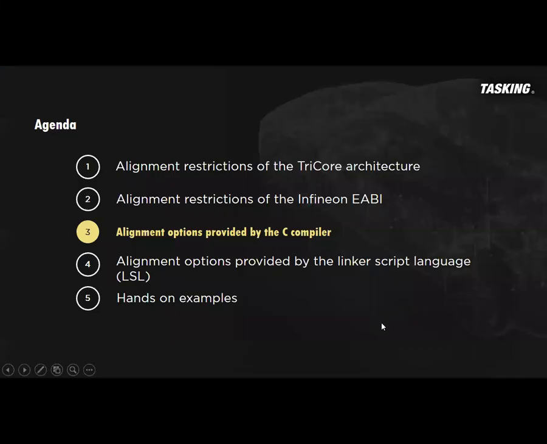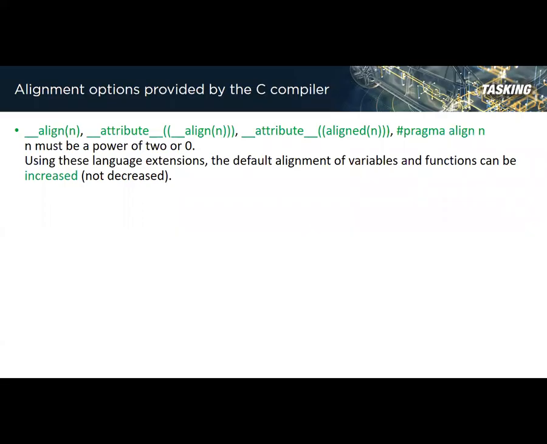Okay, so what is possible with a compiler? If you need to follow all the EABI alignments, then you can't apply all the options the compiler offers with regards to modifying the EABI settings, and the __align keyword or pragma align as an alternative. But these are options the compiler supports, which allow you to change the alignment of an individual variable.